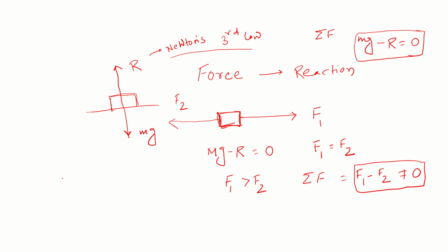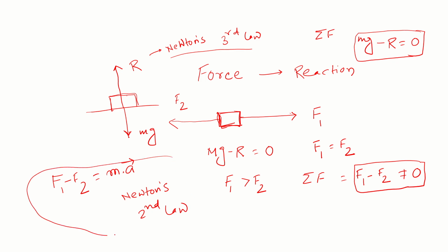That means ये जो net force रहा, F1 minus F2 का जो वैल्यू होगा, this is equal to nothing but mass into acceleration. Newton's what? Newton's second law. Newton's second law of motion. This is your engineering mechanics, nothing else.